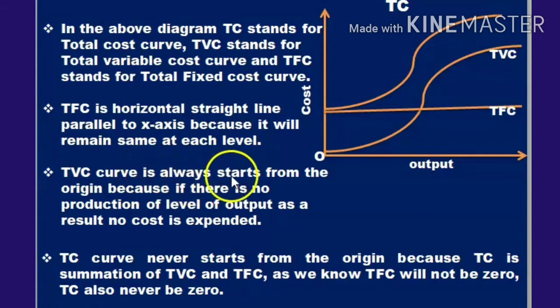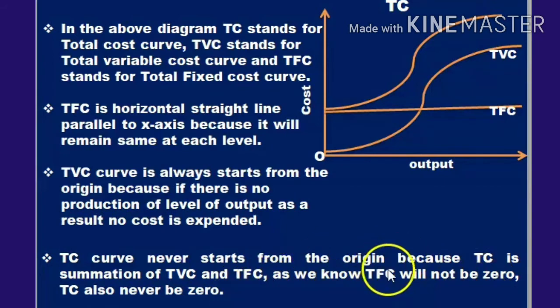The TVC curve always starts from the origin because if there is no production, no cost is expended. So if there is no production, no cost is spent, and TVC always starts from 0. The TC curve never starts from the origin because TC is the summation of TVC and TFC.